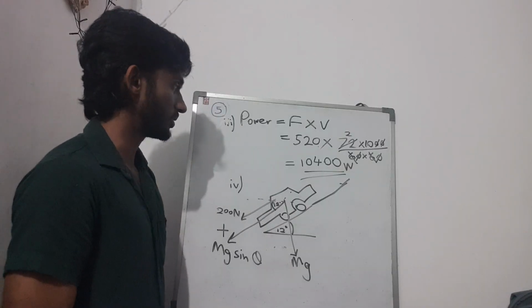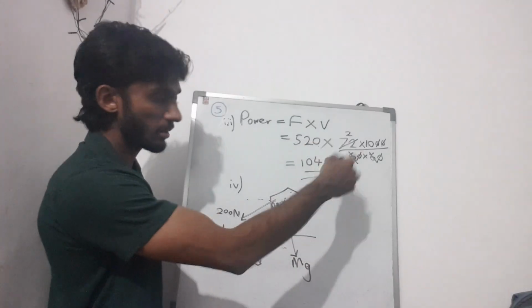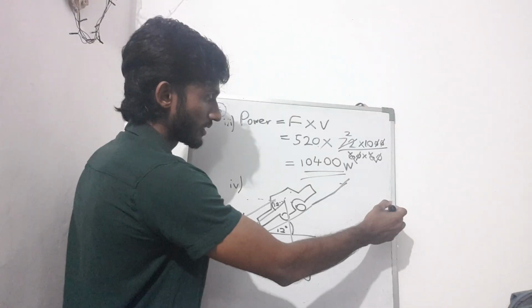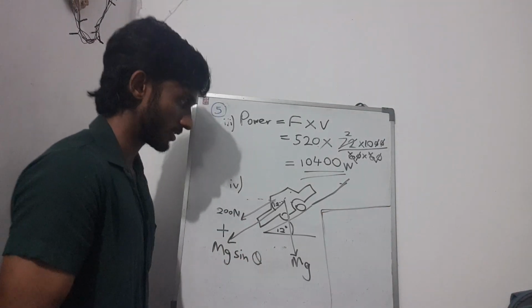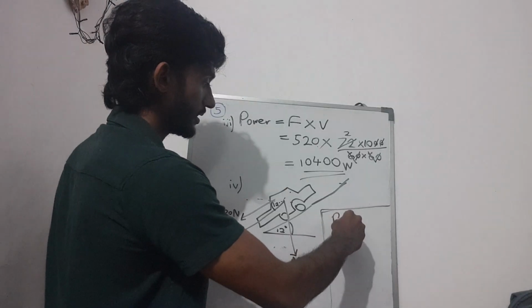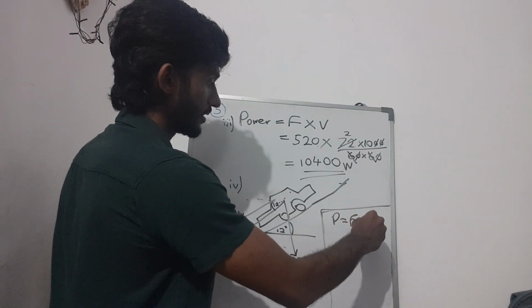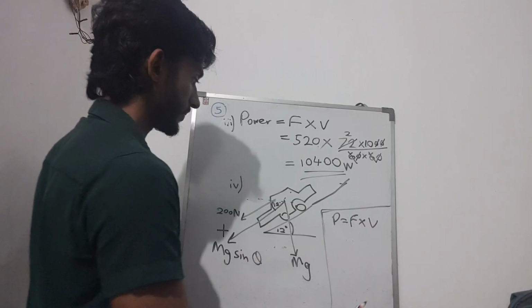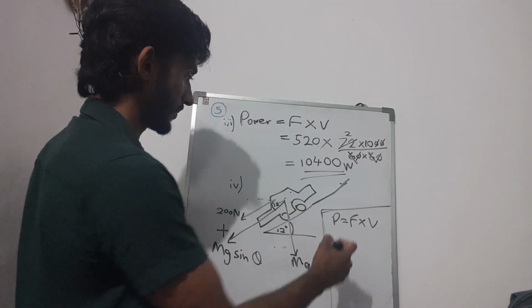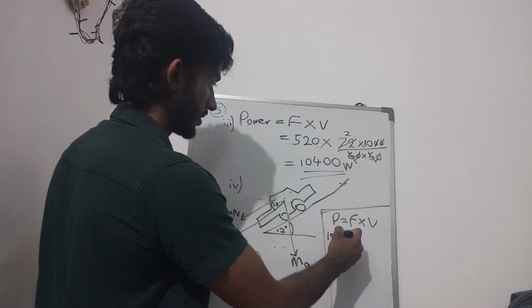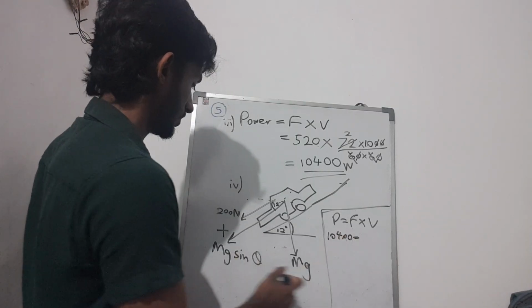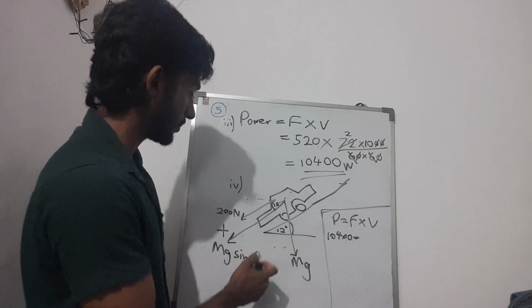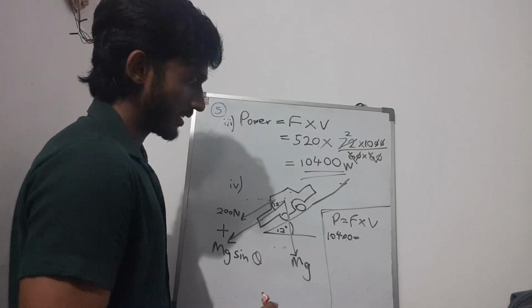Find the maximum velocity. The power is the same as the previous. And P equals FV. The force is mg sin theta plus 200.